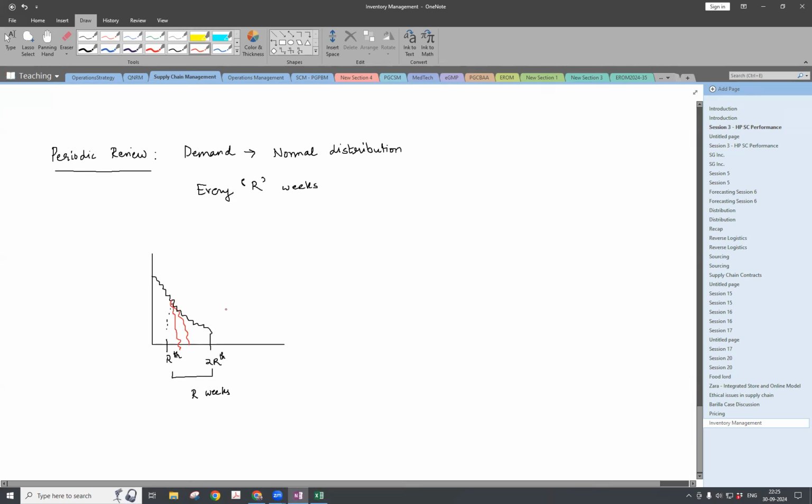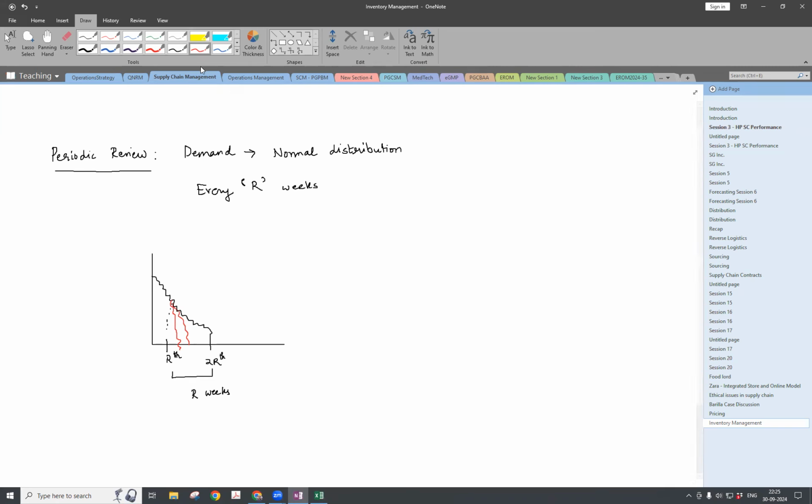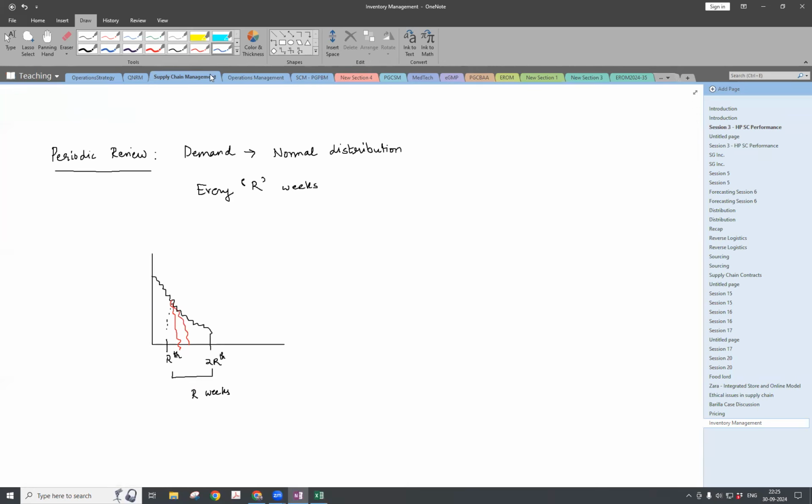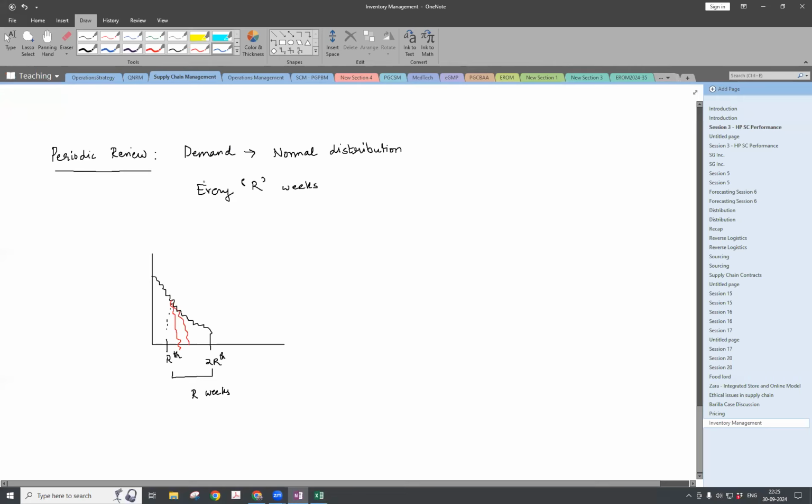This is the reason why in periodic review, to avoid such situations where you might lose out, you are going to end up having higher inventory. Again, we try to answer the question how much to order and when to order. The answer to how much to order is what we refer to as the order up to level.